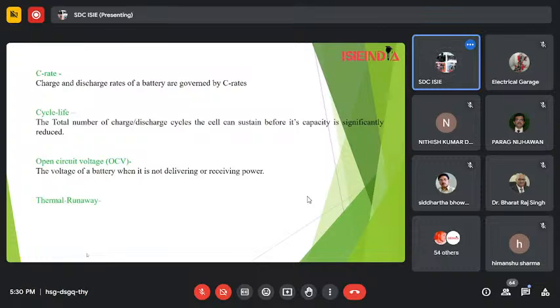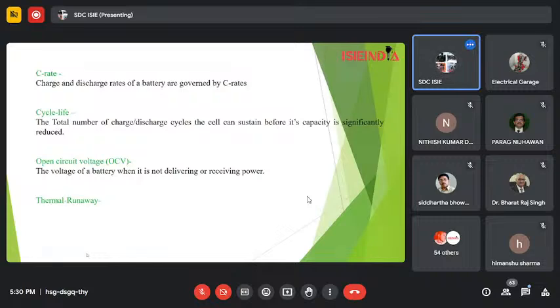Cycle life. Cycle life is nothing but the total number of charge and discharge cycles a cell can sustain before its capacity significantly reduces. Means how many times can I charge and discharge my battery pack is nothing but cycle life. It's just like its life, right?